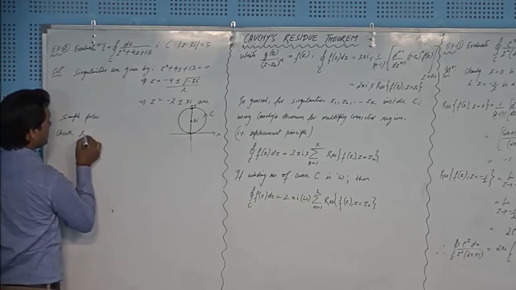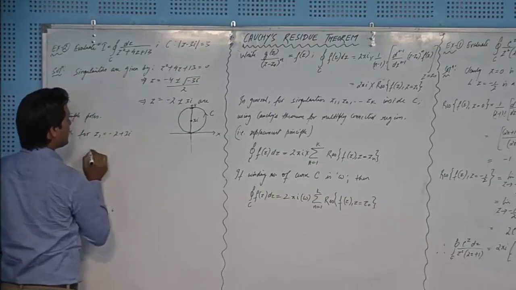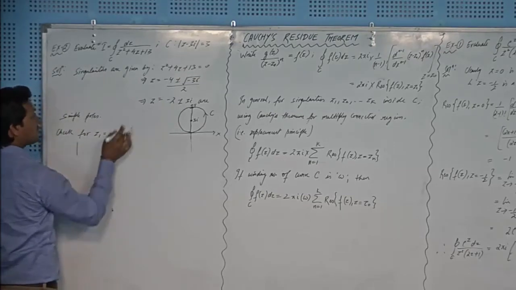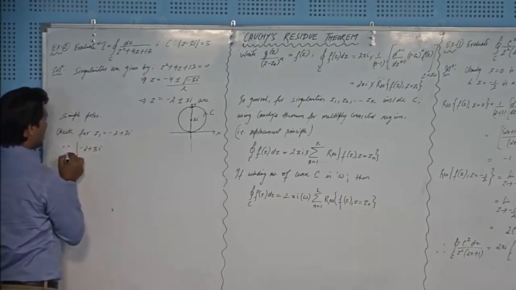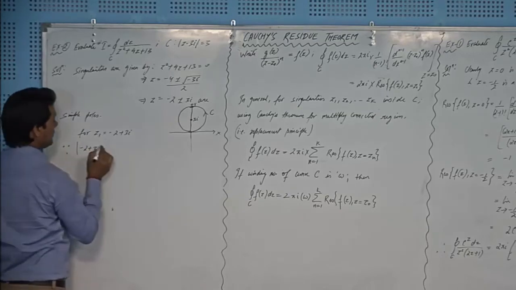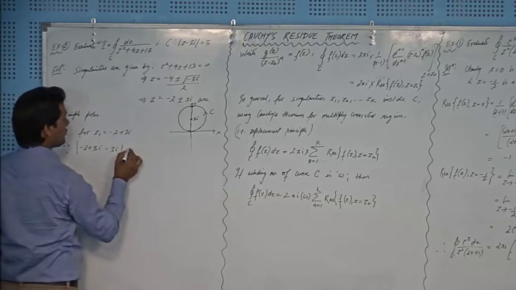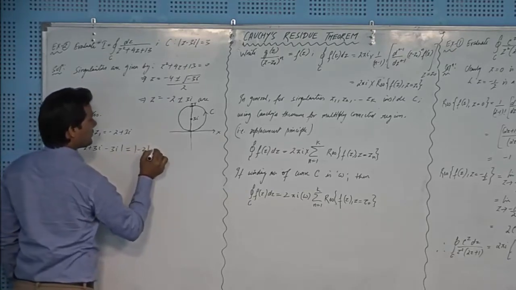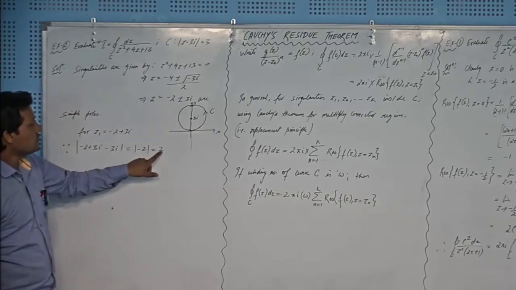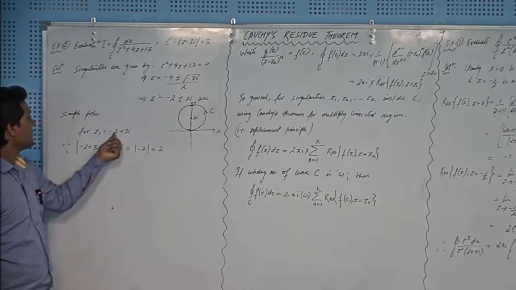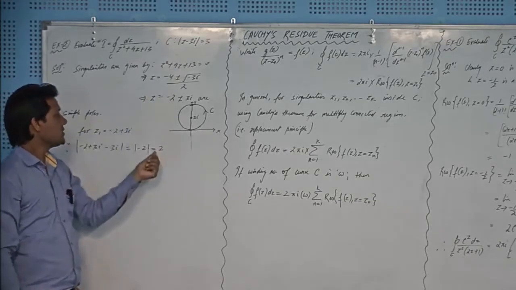Z1 is minus 2 plus 3 iota, and just plug this value here, minus 2 plus 3 iota minus 3 iota, and that will give me mod of minus 2, which is ultimately equal to 2. Obviously this is the distance between this pole and the center, and it is less than 3.